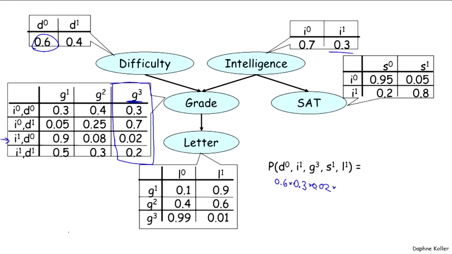Continuing on, we now have G3, so we want from this row the probability of L1, so we want this entry, 0.01. And finally, here we have the probability of S1 given I1, so that would be this one over here, 0.8. And in this exact same fashion, we're going to end up defining all of the entries in this joint probability distribution.